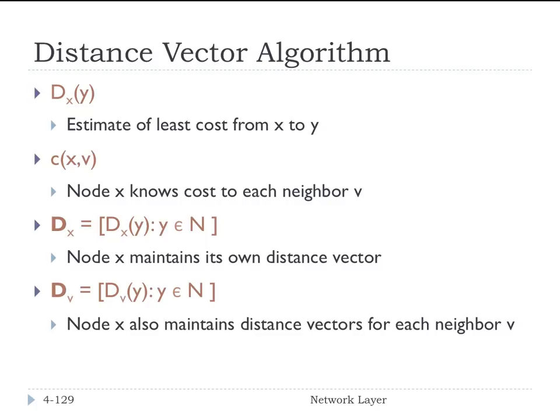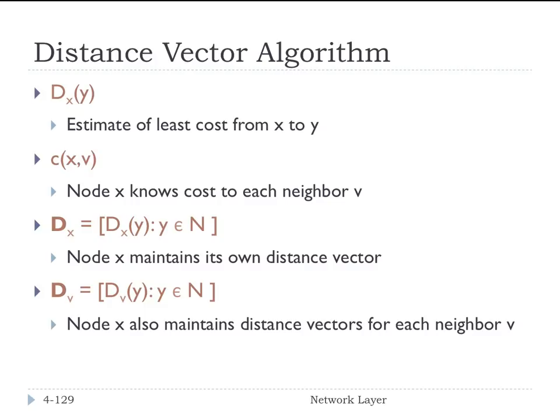A vector is a collection of values, and these values are the distances to all of the nodes in the network, an estimate of the least cost path to every node in the network. So that's really a collection of these. The node also maintains a set of distance vectors for each of its one-hop neighbors. That's v.